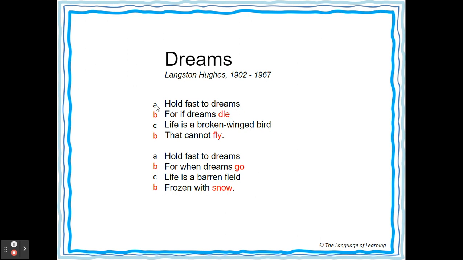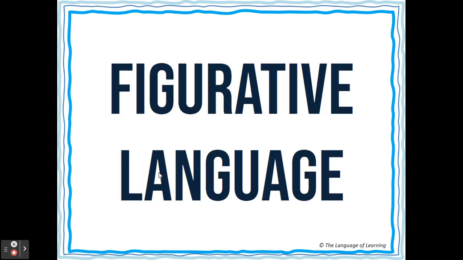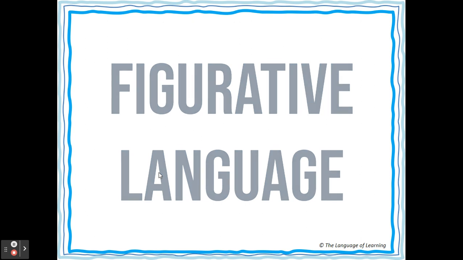So we're going through the alphabet, A, B, C. But then when we get here, it says that cannot fly. Well, fly rhymes with die. So since the word die, this line was given the letter B, then we're going to repeat that because these are rhyming words. So this one has an A, B, C, B pattern, and it does the same thing here, A, B, C, B.